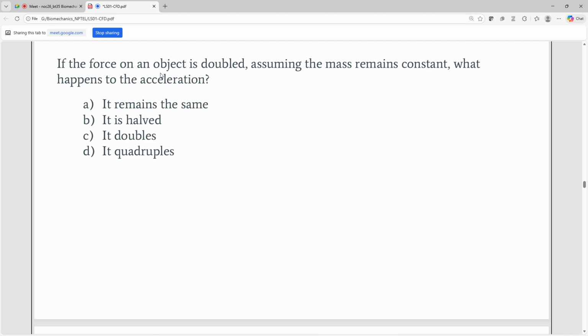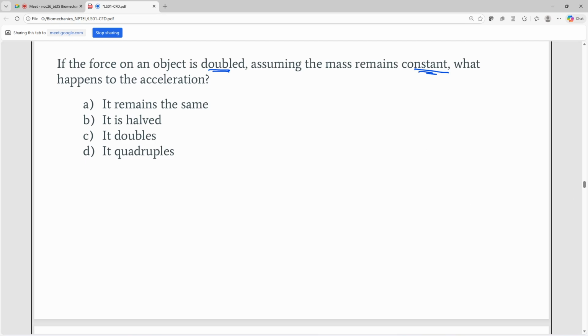Next question. If a force on an object is doubled, assuming the mass remains constant, then what happens to the acceleration? I'll read again. If the force on an object is doubled, assuming the mass remains constant, then what happens to the acceleration? Option A, it remains the same. Option B, it is halved. Option C, it doubles. Option D, it quadruples.